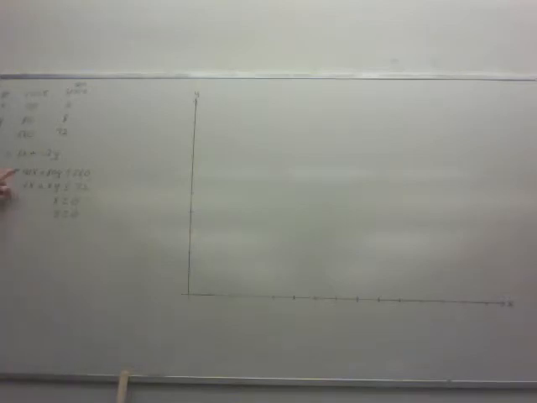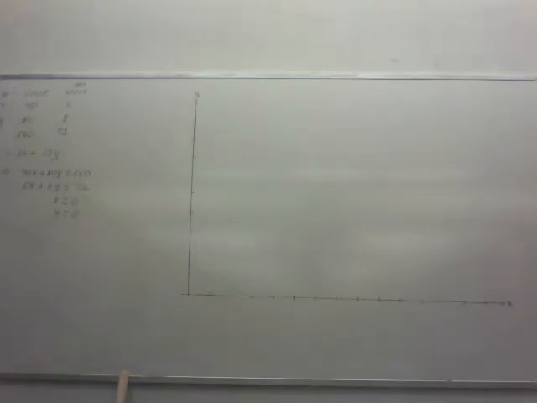Now what we want to do is graph these lines, and these lines are very, very easy to graph because is 560 divisible evenly by 40? Yes, it is. Is 560 divisible evenly by 80? Yes, it is. So we can just use our intercepts. Again, if you remember, when we did graphing, we graphed in 3 or 4 different ways. You want to pick the easiest way that you possibly can.